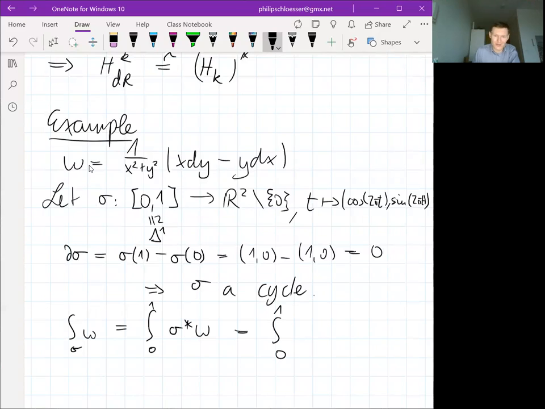It's equal to the integral from 0 to 1 of 2 pi dt, which is 2 pi, which is not 0, citation needed. So yeah, omega isn't exact.